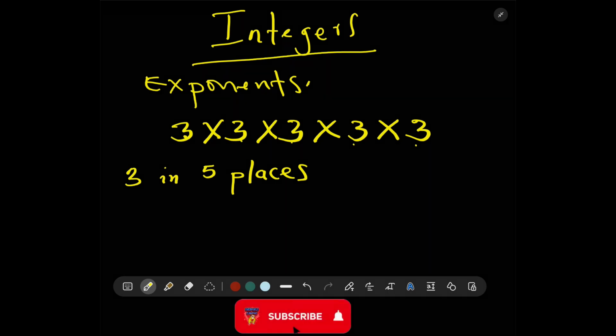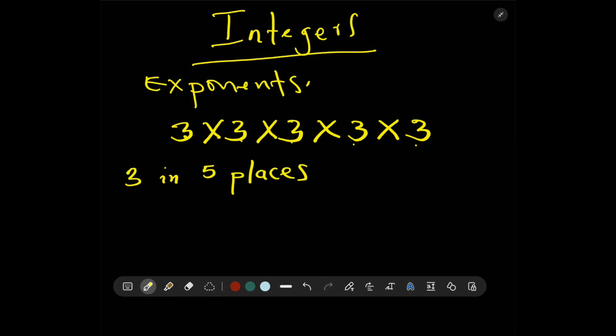We call this a repeating number. When you have the same number multiplied by itself, because you see 3 is multiplied by 3 here, then the product can be written in exponential form.